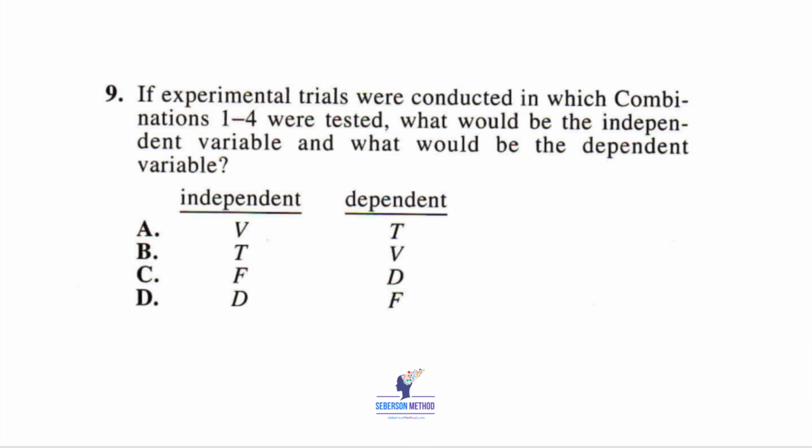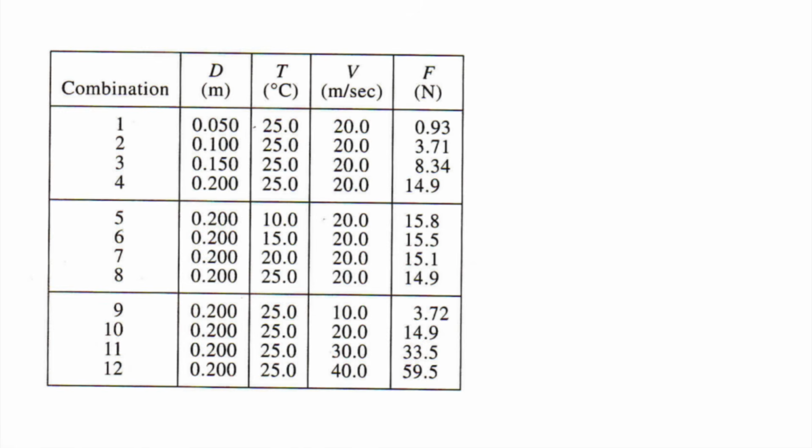Let's take a look at this question, question number 9. If experimental trials were conducted in which combinations 1 through 4 were tested, what would be the independent variable and what would be the dependent variable? Now we're going to go and take a look at this chart. Our locator, our place where the question is asking us to look, is the combination 1 through 4, so just this area.